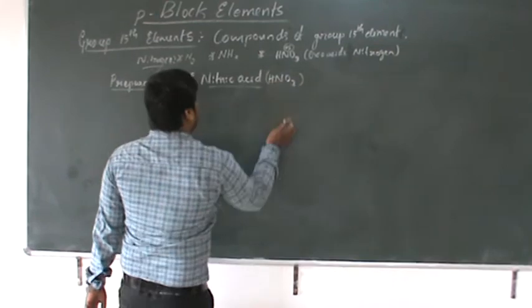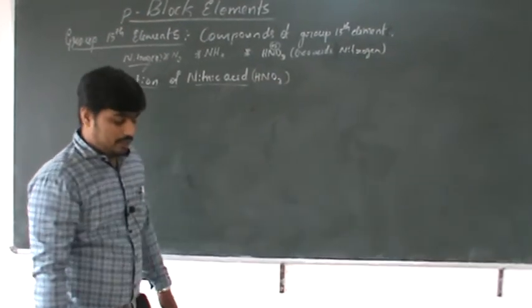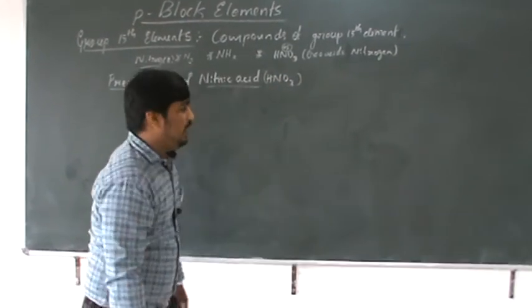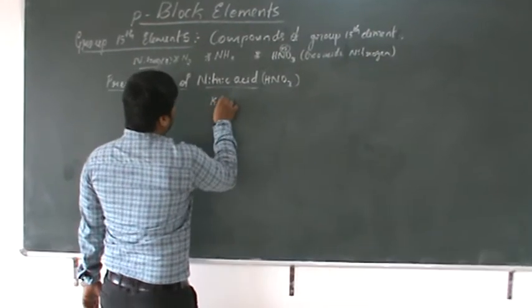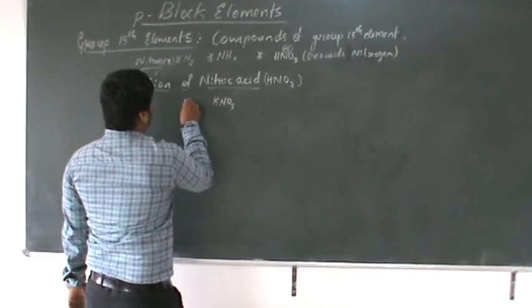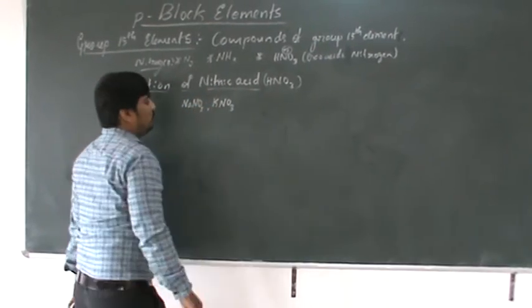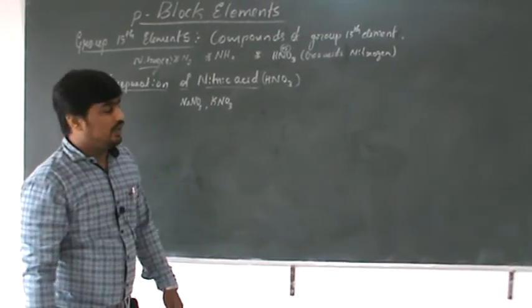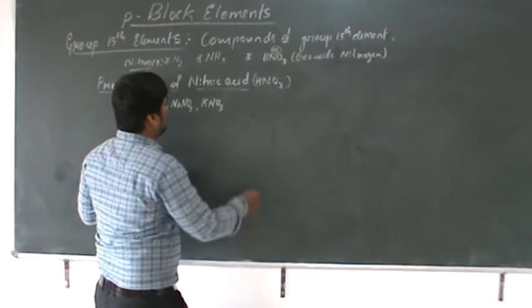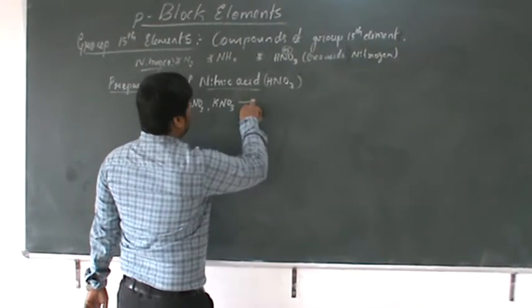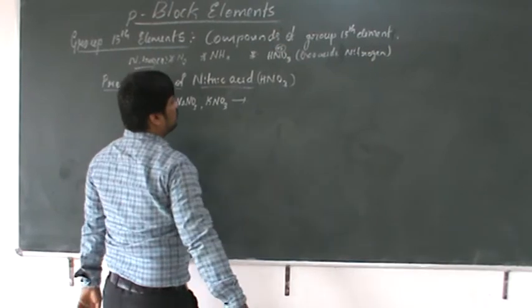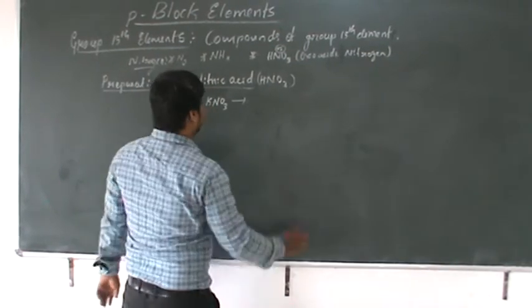In the laboratory preparation, we use mainly KNO3 or NaNO3, sodium nitrate or potassium nitrate, for the preparation of nitric acid.